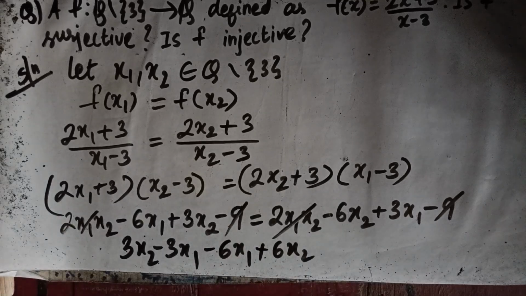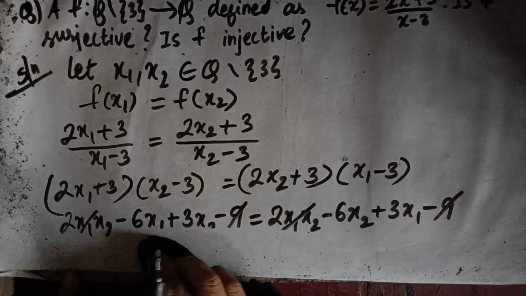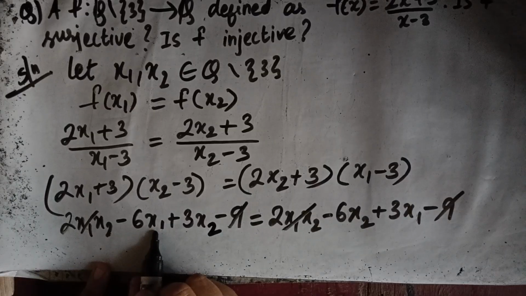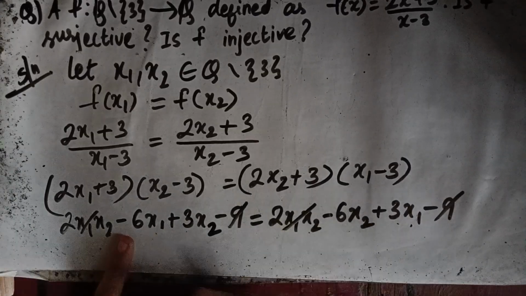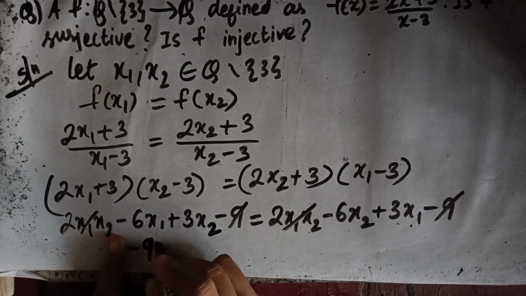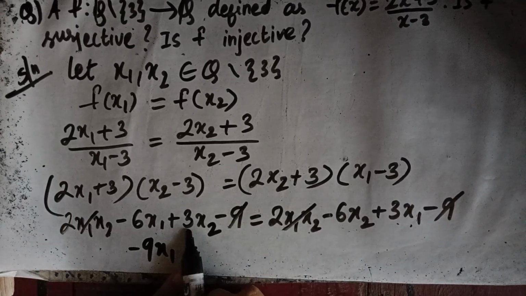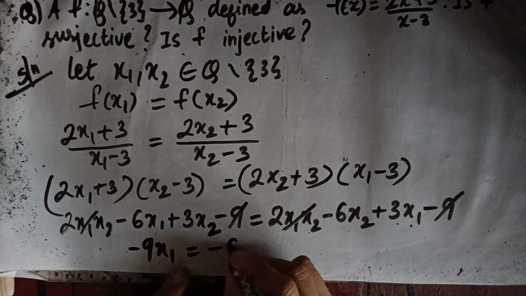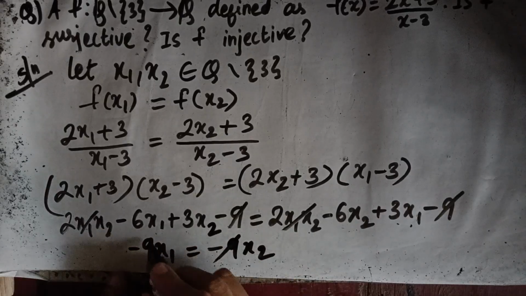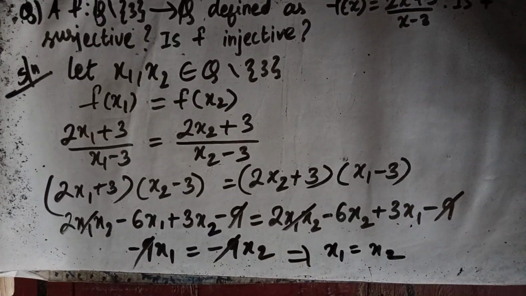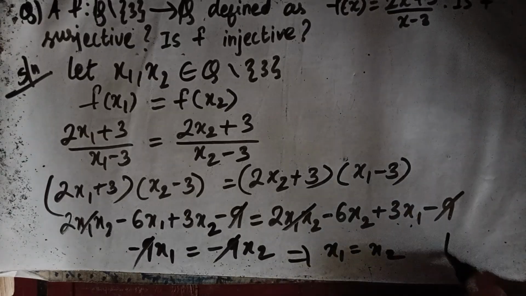This gets added up, right? Minus 6x1 minus 3x1 is minus 9x1, equal to minus 6x2 minus 3x2, which is minus 9x2. So x1 is equal to x2. Okay, so this is one-one.